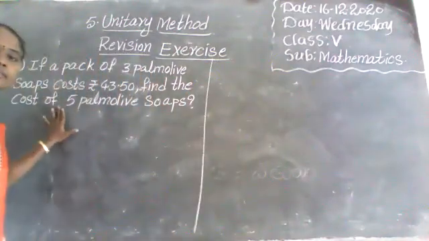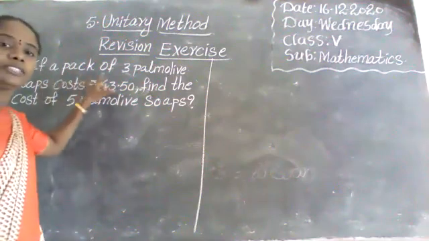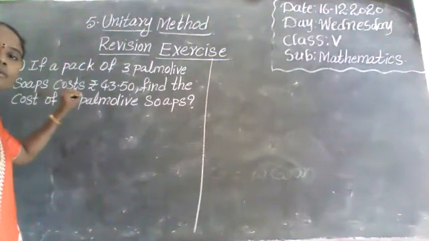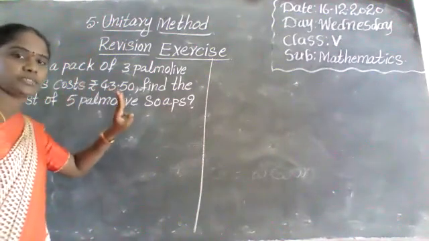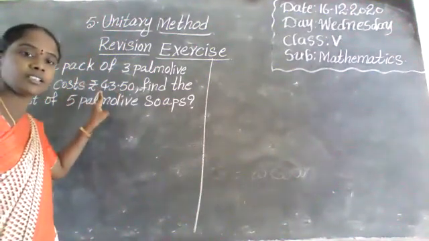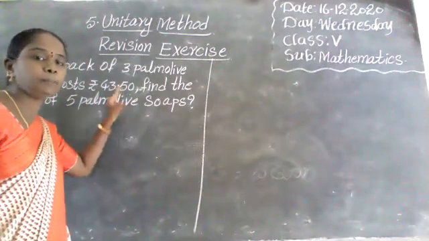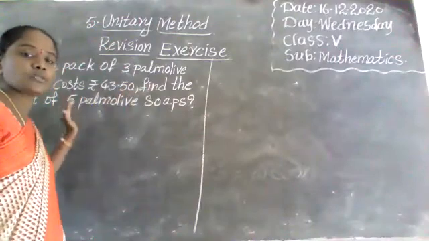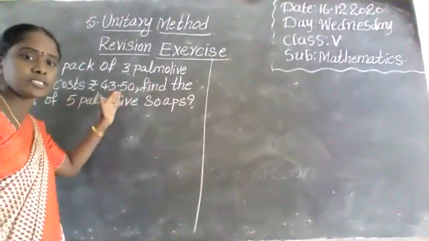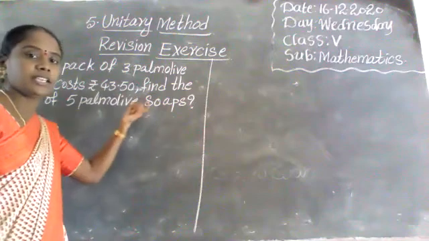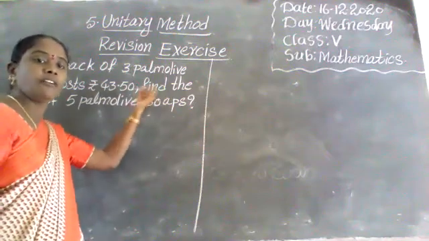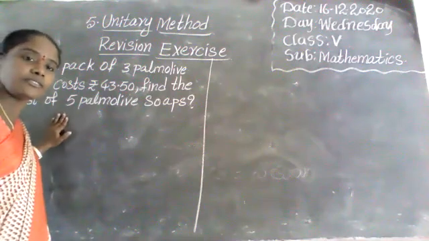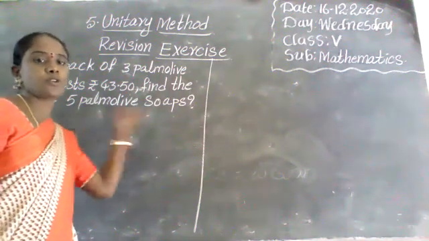Read the question, children. If you pack 3 Palmolive soaps in one pack, how many soaps are there? 3 soaps. The cost of 3 Palmolive soaps is 43 rupees 50 paise. Then we have to find the cost of 5 Palmolive soaps.